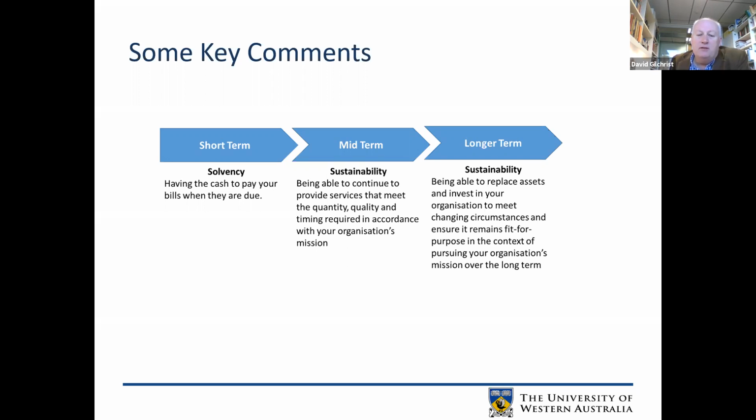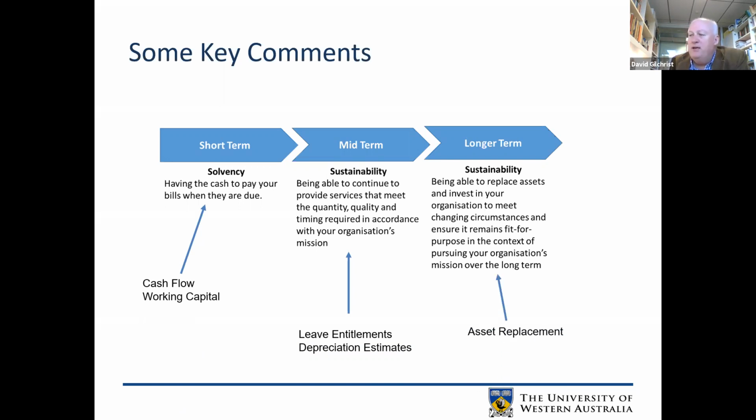But what is relevant today then is, in terms of that solvency, is cash flow and working capital, which we'll talk about shortly. Of course, in that longer term, leave entitlements and depreciation estimates turn into cash issues as well. And I'll touch on those as we go through our discussion. And ultimately, asset replacement becomes really important when we consider how we move forward.